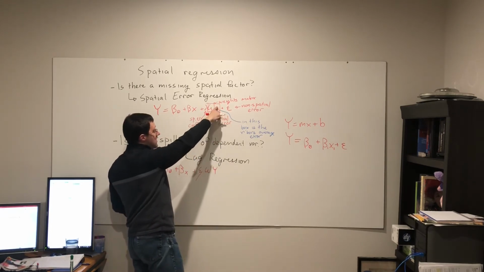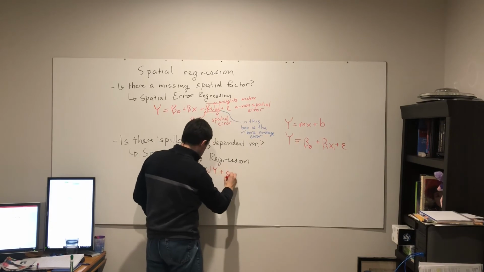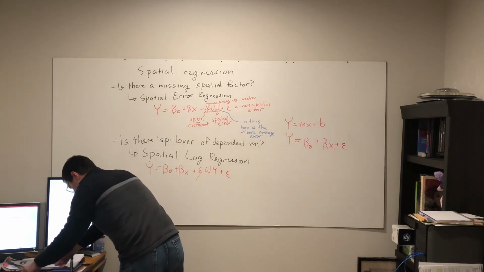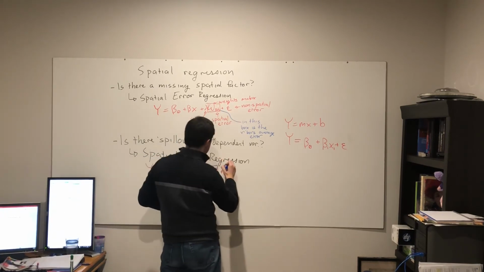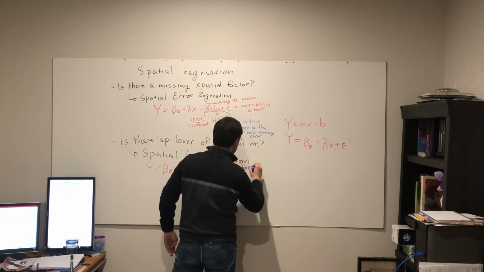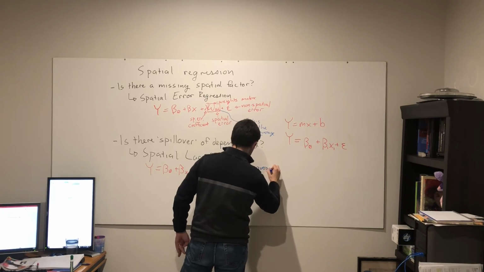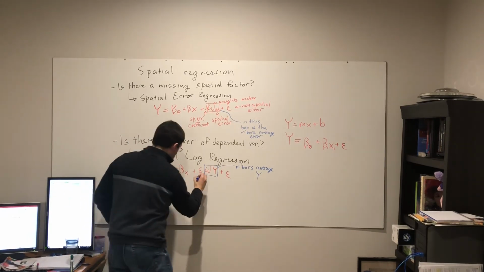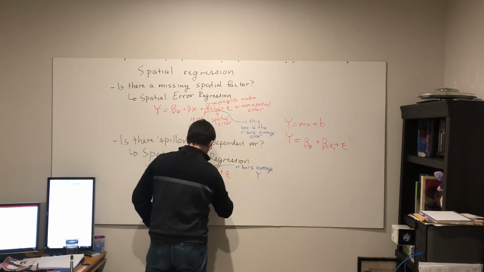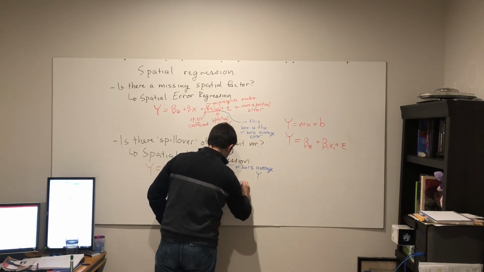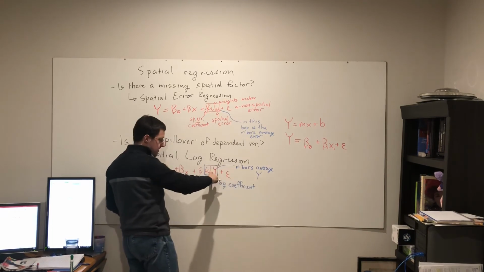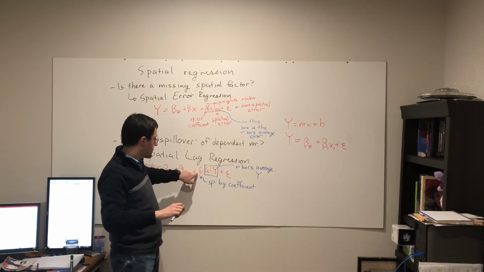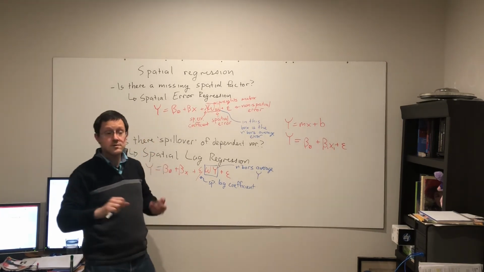But now instead of taking the error and splitting it, I am taking the neighbor's dependent variable, the neighbor's average y value, and treating this as its own independent variable. I get this lag coefficient, and to say, well, is this a significant factor in impacting my dependent variable?